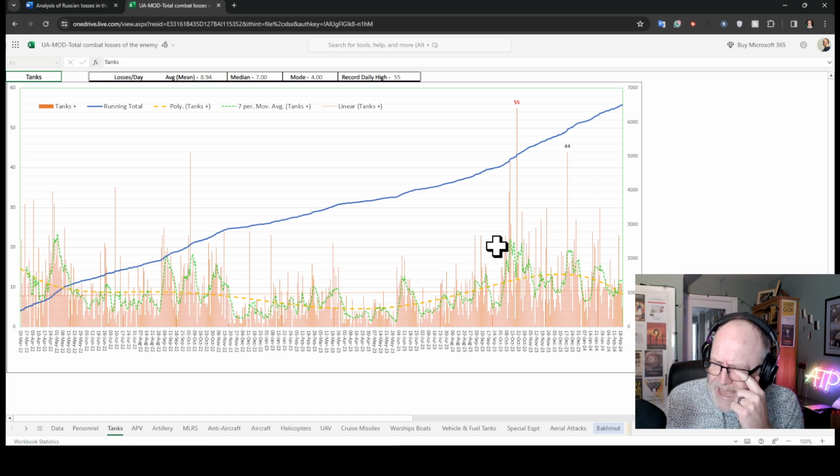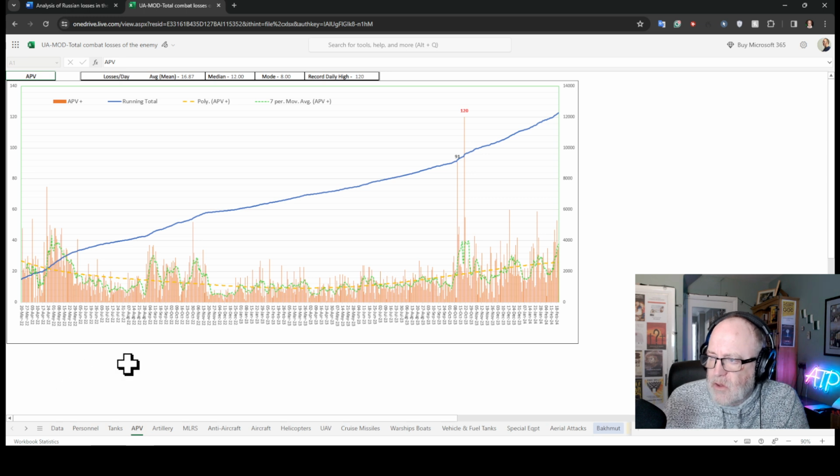And they got an absolute hammering. They got mauled in terms of tank losses here. 55 tanks in one day is absolutely outrageous, 44 in another day. And there are general spikes there as the Russians gather themselves and go again.